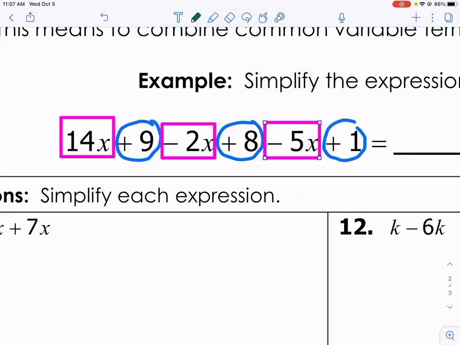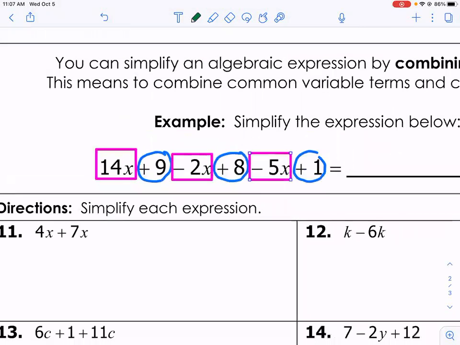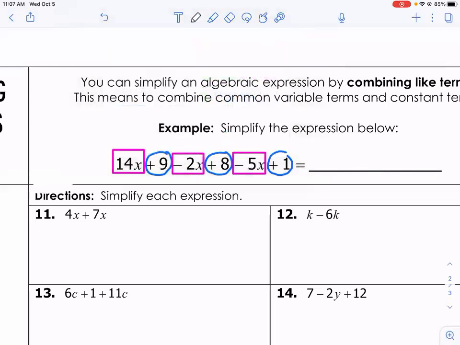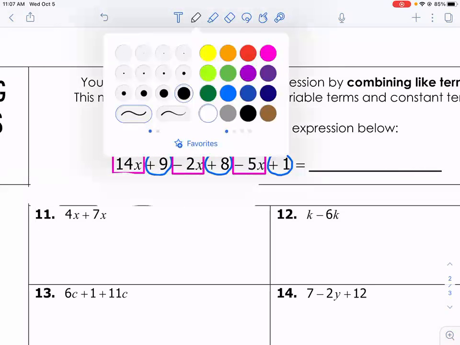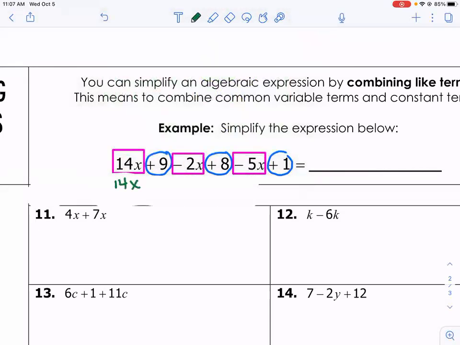Okay, Trent, tell me how you rearranged your example. 14x minus 2x minus 5x plus 9 plus 8 plus 1.